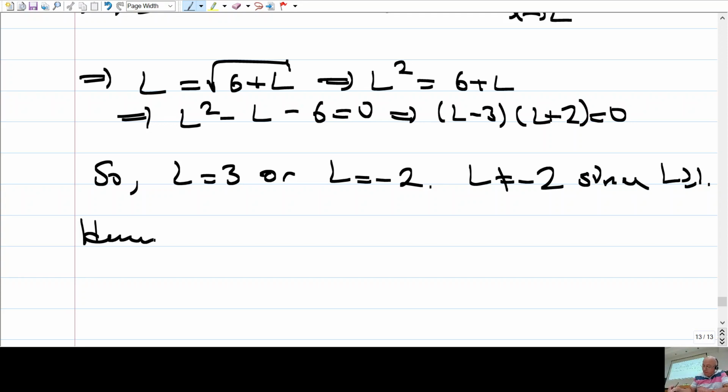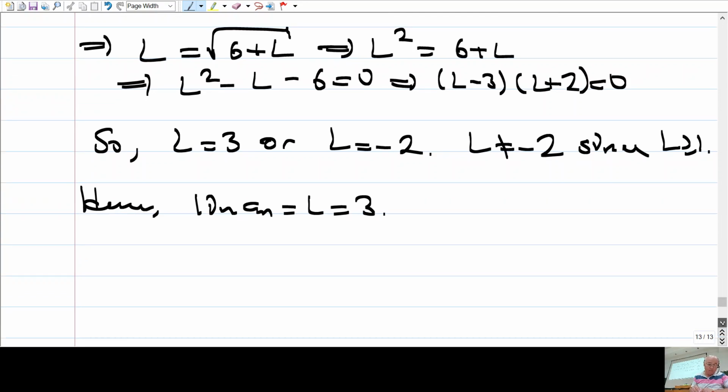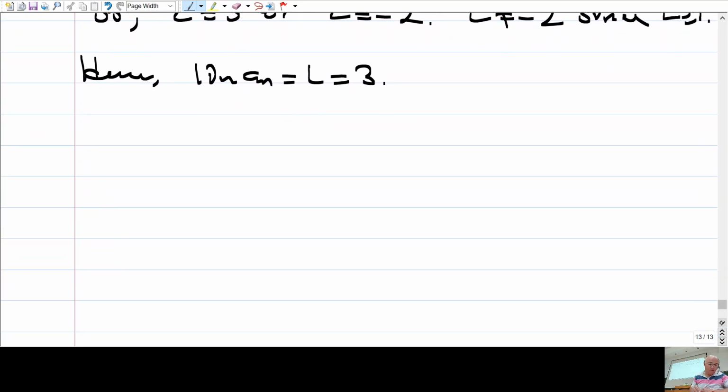Hence, the limit of a_n, which is L, must be 3. Okay? All right.